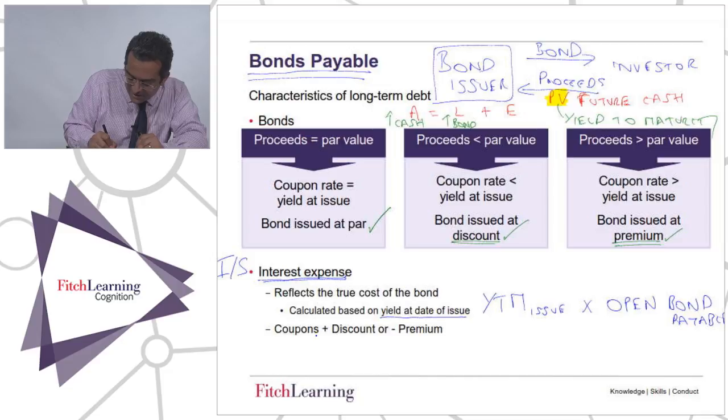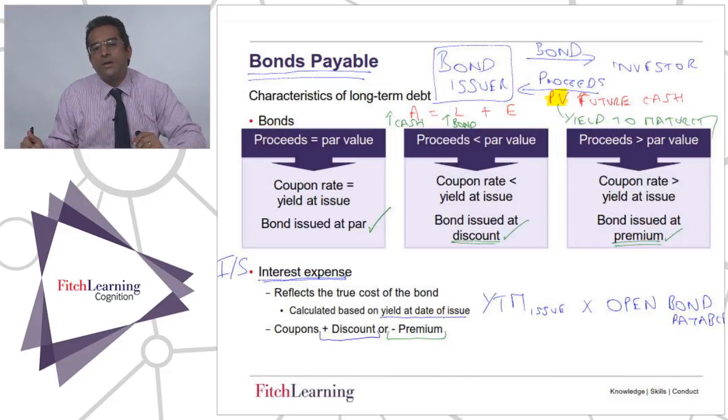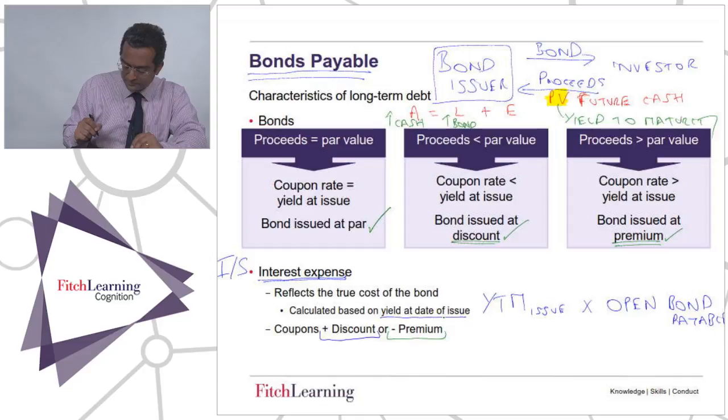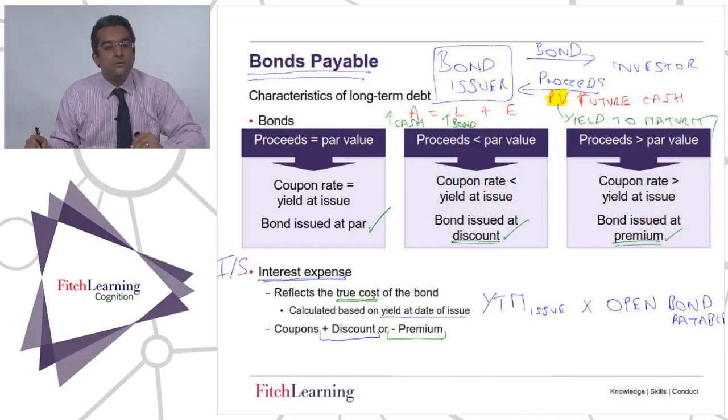It's plus the discount because we want to remove the discount. Or if it's a premium that you've got for the bond, it'll be minus the premium. Okay, so amortizing that. That's why we say the interest expense reflects the true cost of the bond. Interest and capital.